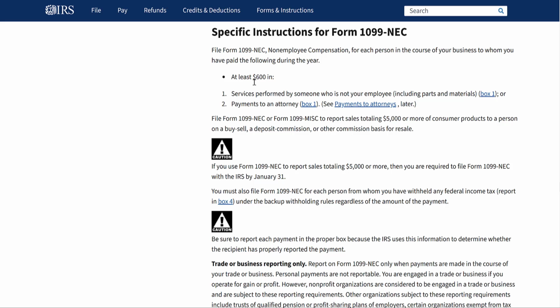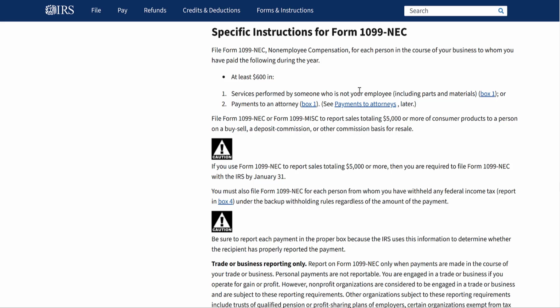This means that if you have paid $400 to Sally to come in and clean your office, Sally does not need a 1099 NEC, okay? So, services performed by someone who is not your employee. This is a little confusing because 1099s go to people who are not W-2 employees.